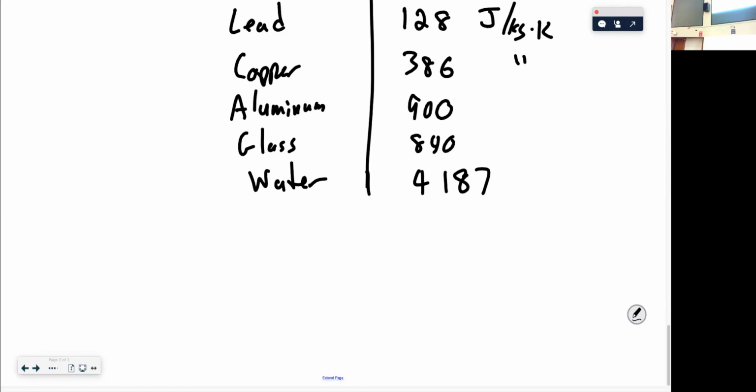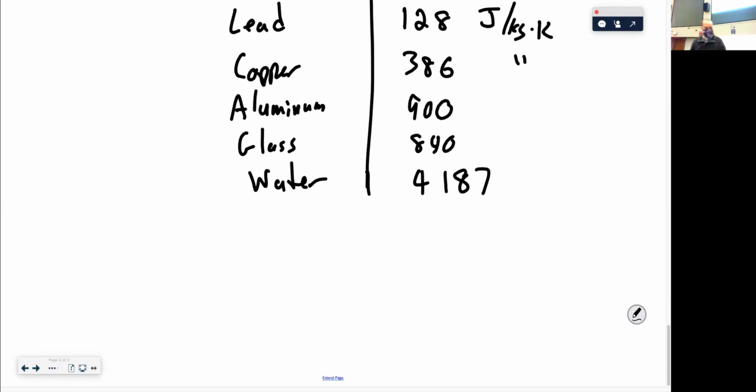It takes a lot more energy to change a kilogram of water 1 Kelvin than it takes to change a kilogram of lead or iron or steel or anything else 1 Kelvin, which is weird. And as you say, it has all sorts of implications for the world: temperature modification near oceans, weather patterns, life and everything else. Water is weird in several ways, and this is one of them.